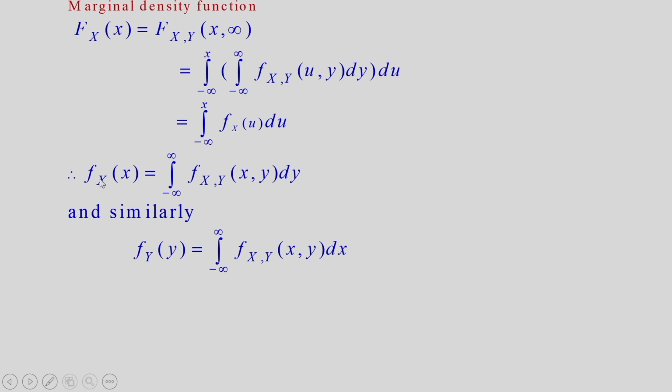So, to find f_X(x), the PDF at point x, we integrate the joint PDF with respect to the other random variable y. Similarly, to find the PDF of y, we integrate with respect to x. That way marginal density functions can be obtained from the joint density functions.